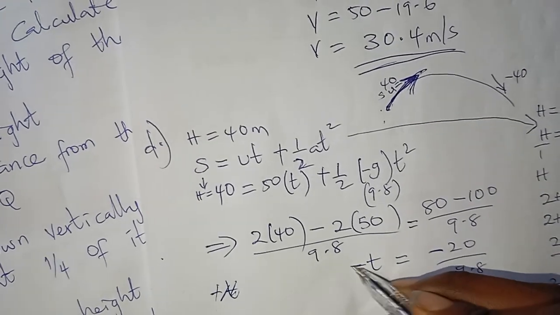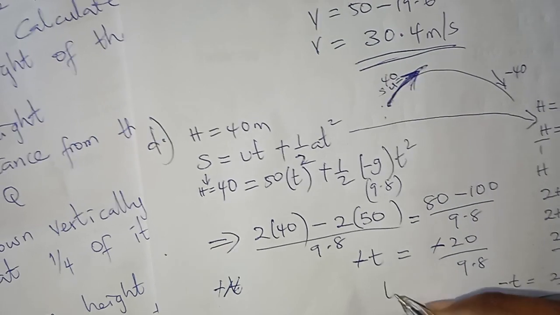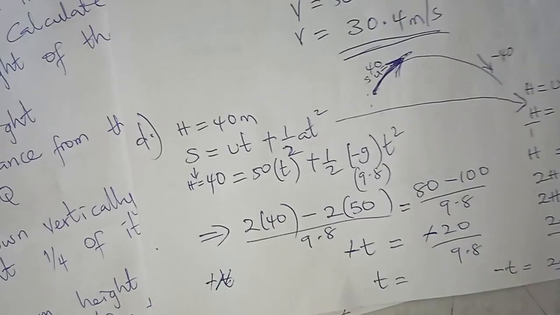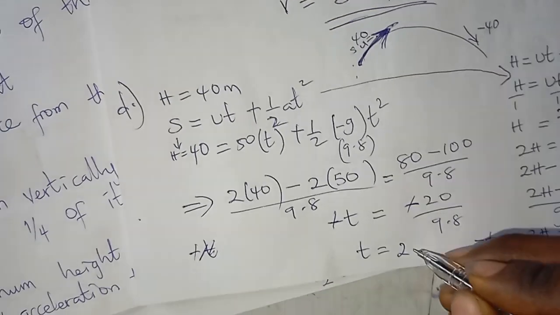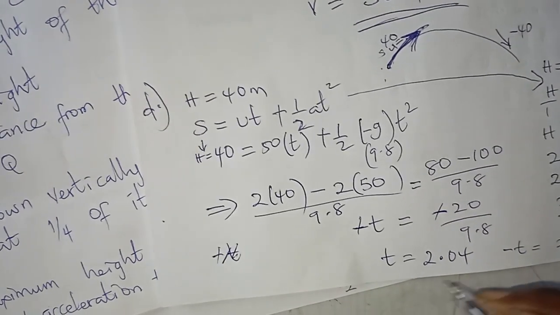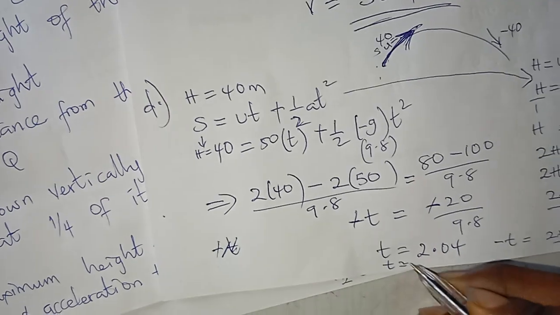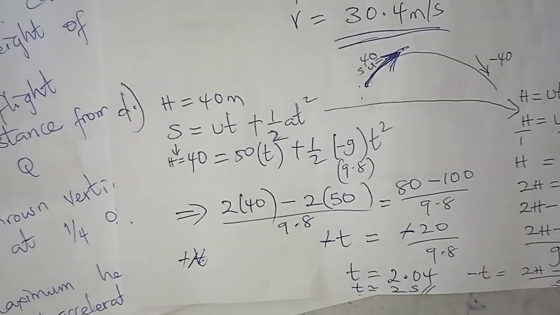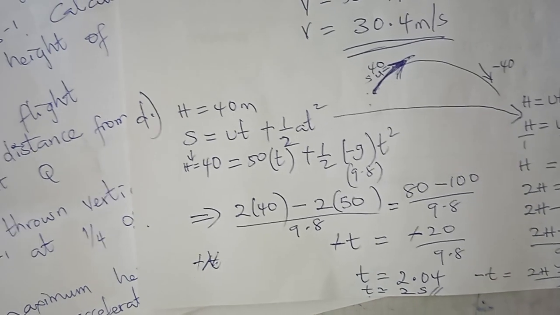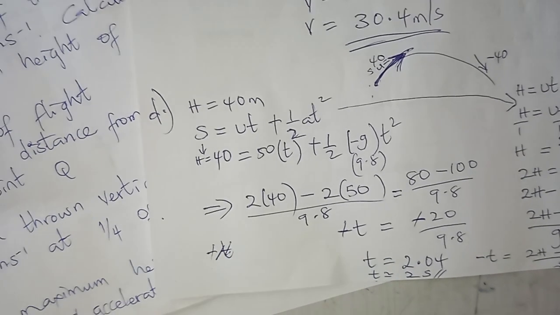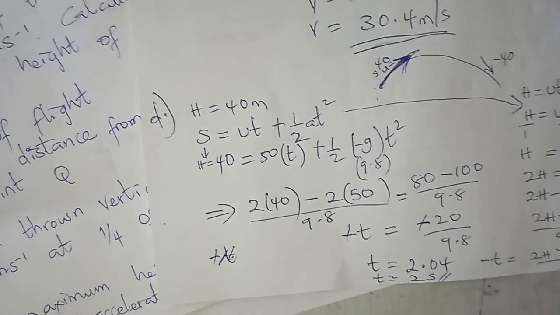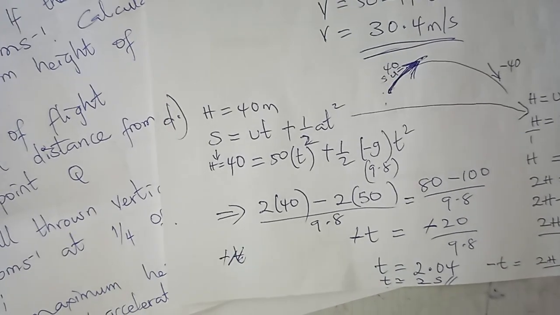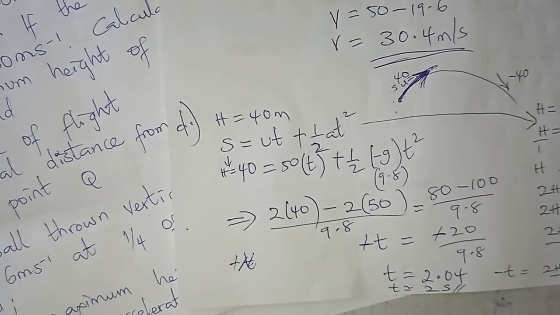Minus cancels minus. t equals 20 over 9.8, which gives 2.04, so t is approximately 2 seconds. So at the point where the height is 40 meters, t equals 2 seconds.